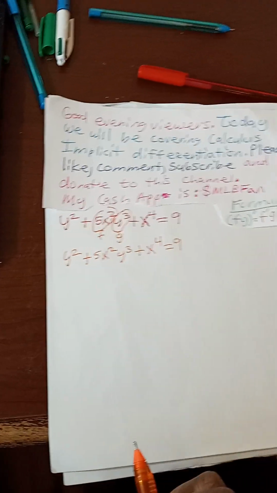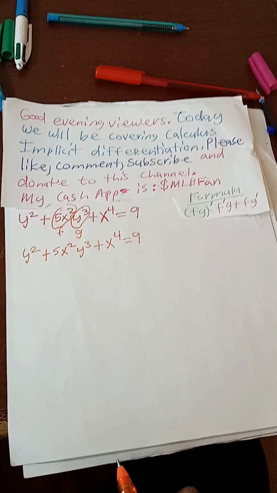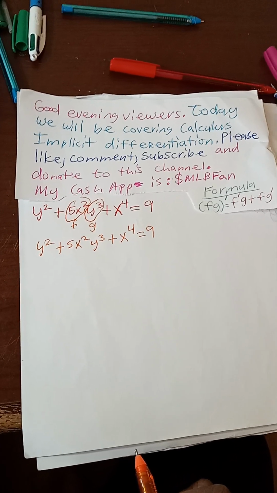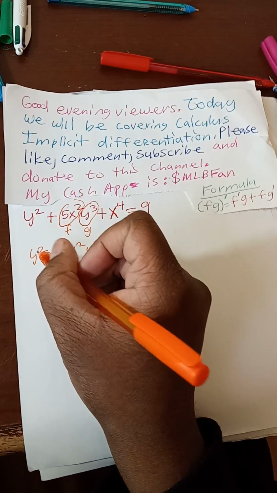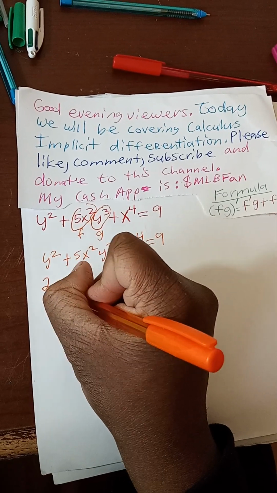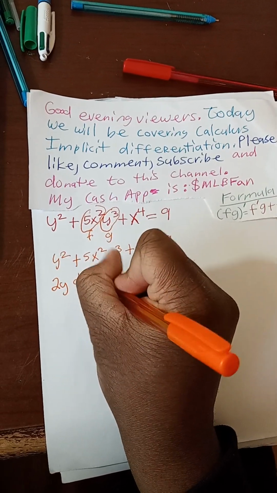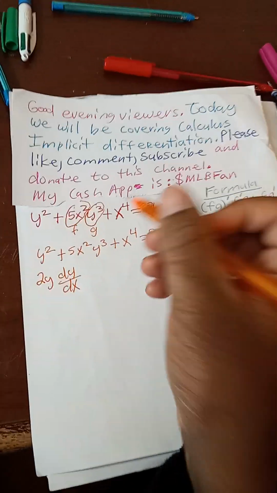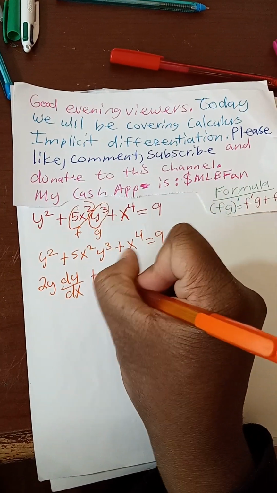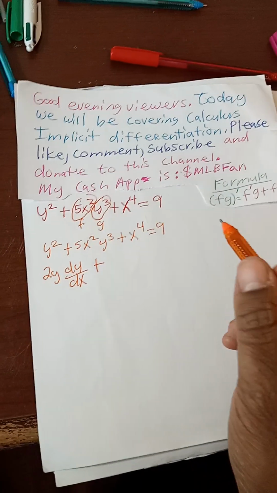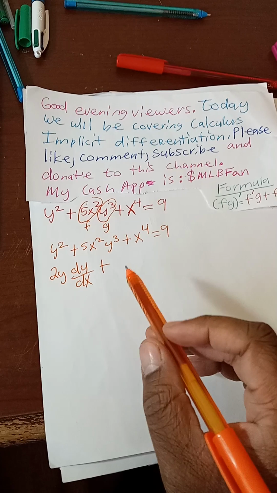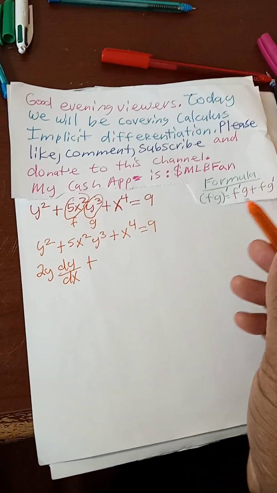So after we take a derivative for a y term, we incorporate a dy divided by dx after it. So the derivative of y squared is 2y, and then dy divided by dx, plus the derivative of 5x squared, which is 10x, when involving the product rule.